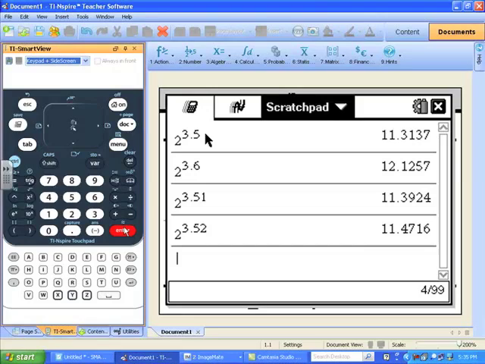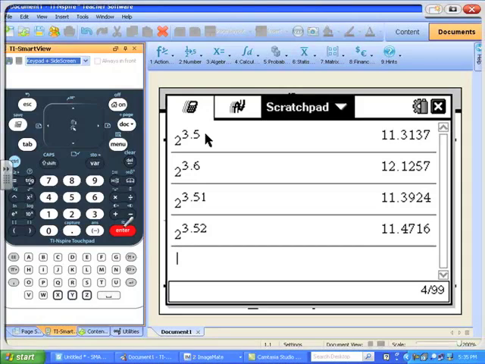And yeah, we could do that all day because think about it. If 2 to the 3.5 is 11.3137, that means that this decimal right here that I'm looking for could be who knows how many decimal places long, right?